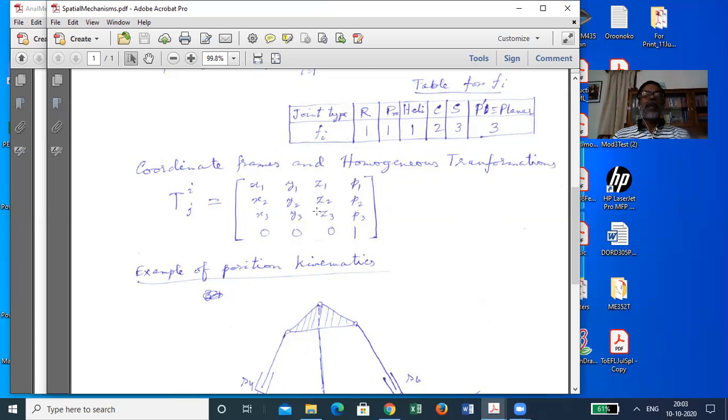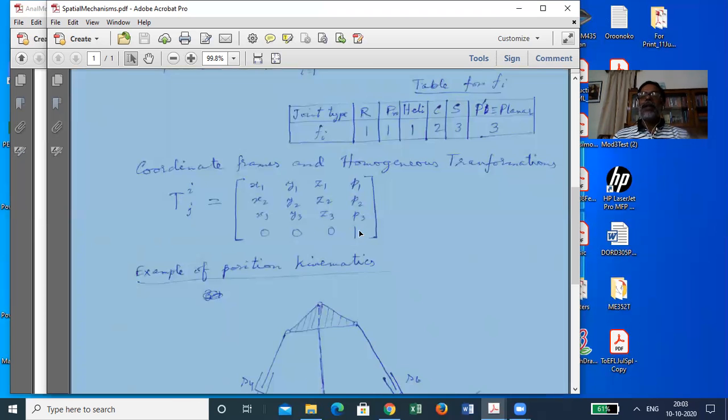Okay. When you write the orientation matrix or rotation matrix in this 3 by 3 manner, and the position vector after that in the fourth column, and then put a dummy row with 0, 0, 0, 1. Okay. In this manner, you can represent the position and orientation together of one frame in another.